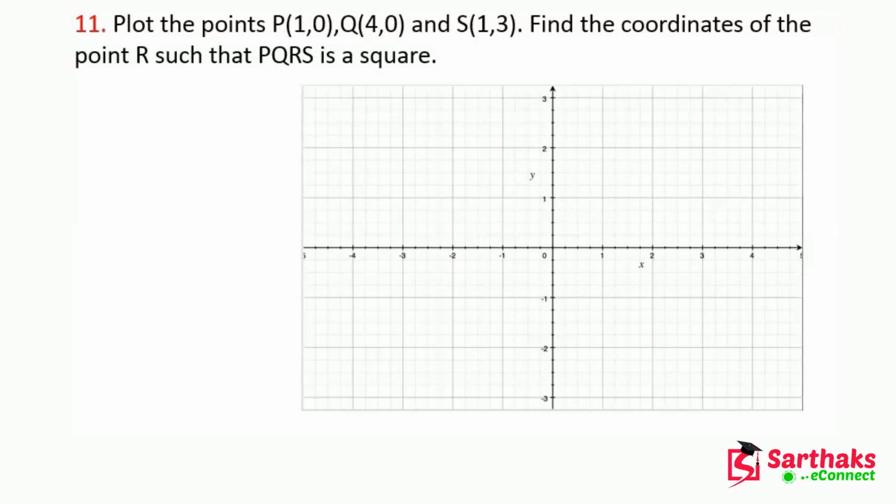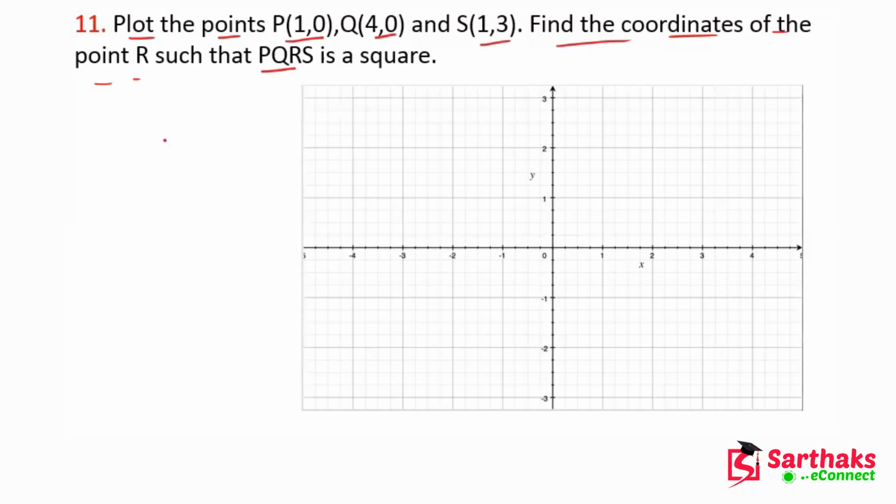Question number 11: plot the points (1, 0), (4, 0) and (1, 3). So we have three points P, Q and S. Now find the coordinates of the point R such that PQRS is a square.